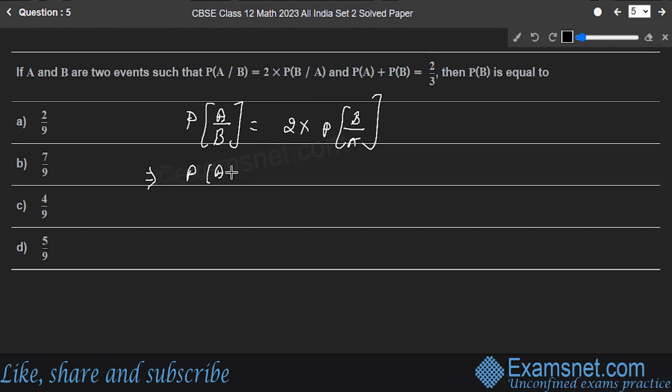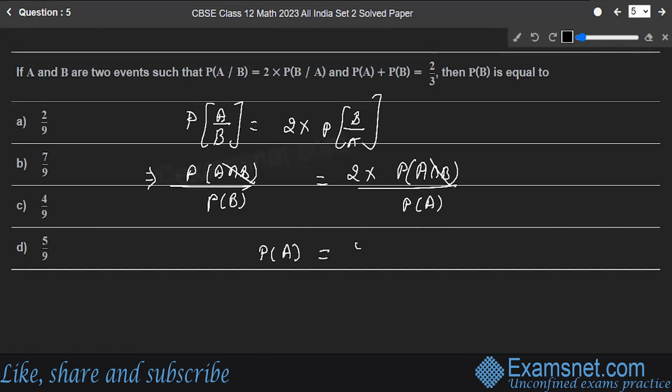That's P(A intersection B) divided by probability of B. That's equal to twice P(A intersection B) divided by probability of A. So these cancel out, and you have probability of event A is twice the probability of event B.